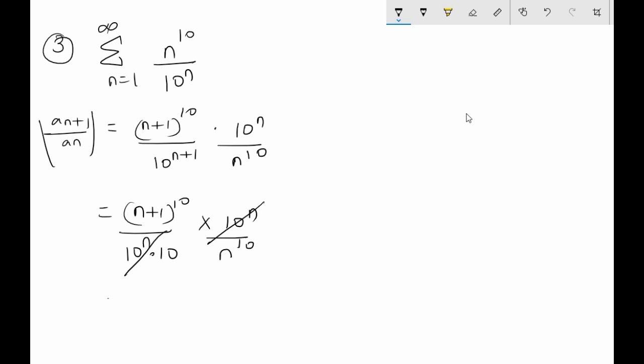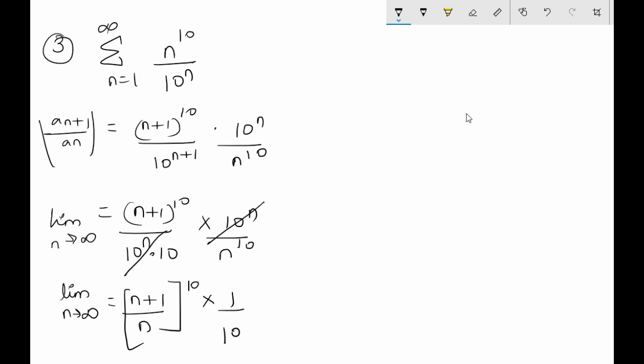So combining this, we get the limit as n tends to infinity of ((n+1)/n)^10 multiplied by 1/10.